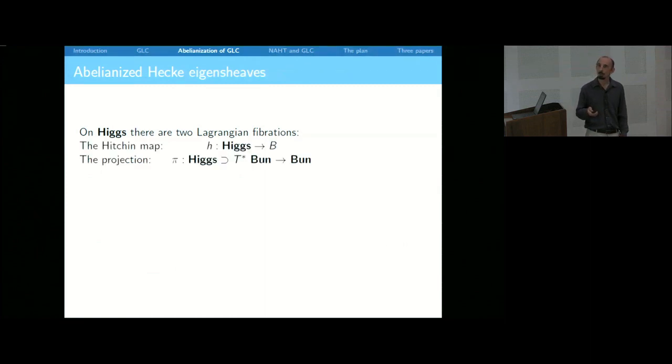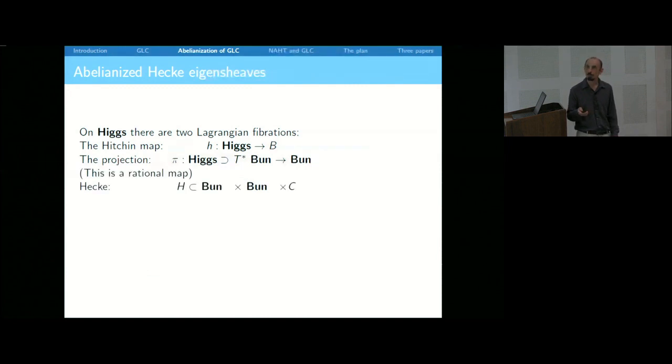So as I've already mentioned, on Higgs there are these two different Lagrangian fibrations. By now we really understand them, right? There's the Hitchin fibration and the rational projection. The Hecke correspondence is a sub-variety or sub-stack of Bun cross C, defined by something that says that one bundle is a modification of the other at the specified point.